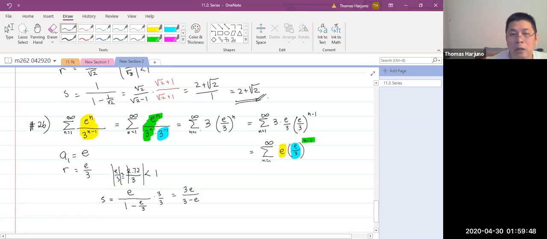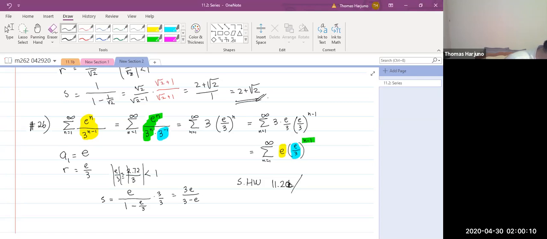For this one, I would like you to do some problems, suggested homework from this 11.2. Let me call it 11.2a, the first part. I won't be able to finish it. That will be number 3, and then number 16, more of a conceptual question.